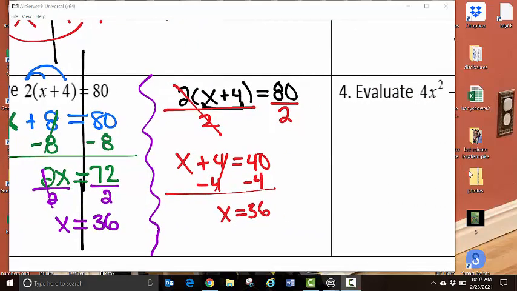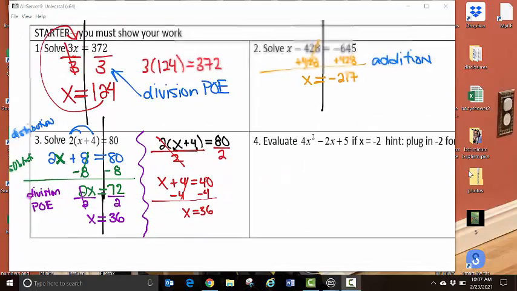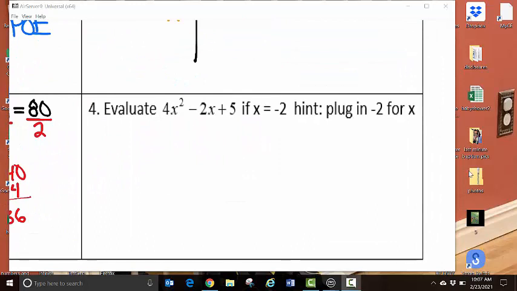Lastly, what property do I use here? Somebody tell me the property that we did for 4. Substitution. I know it says 4 times some mystery number squared minus 2 times some mystery number plus 5. There's no equals, there's no equation. But then it says, hey, wait, look, the mystery number is -2.